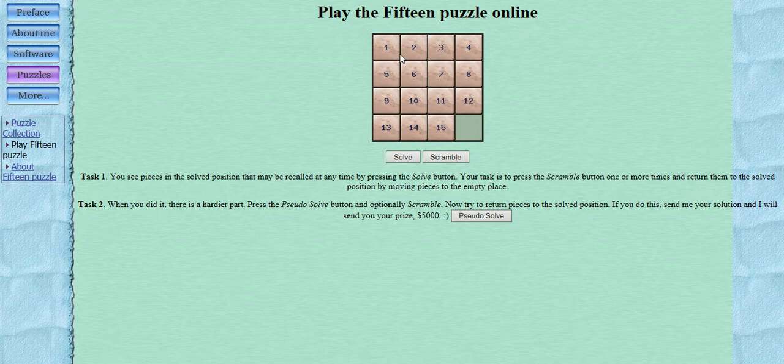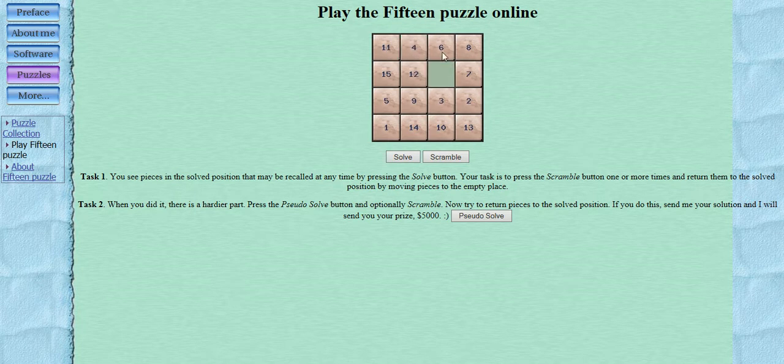I am sure you will get 100 of these links, but I can put these links on the video. So here the puzzle is solved, right? 1, 2, 3, 4, 5, 6, 7, 8, etc. Now you can scramble, and then you get this, and now you try to solve it, and you can do anything you want here, right?